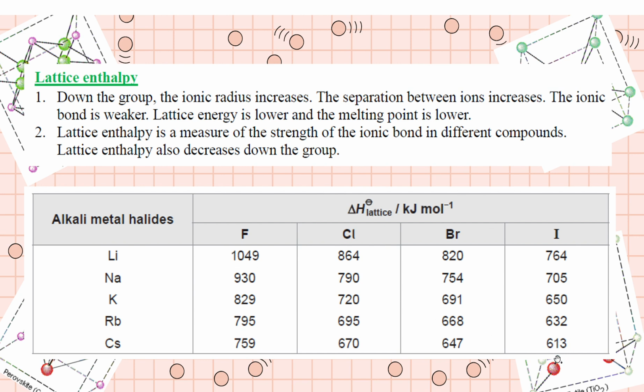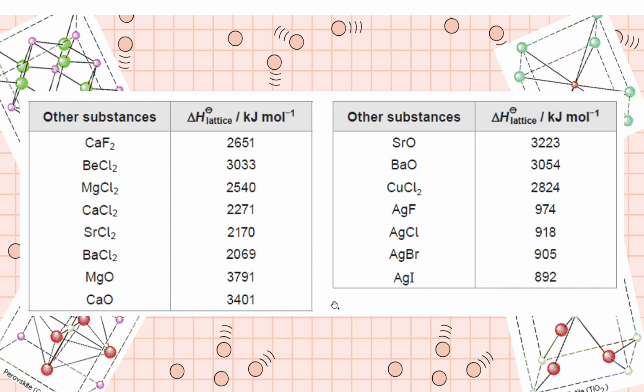On the right-hand side also, when the ions get bigger, the lattice enthalpy is lowest for the biggest one. All are +1 and -1. You can see from the periodic table. Also compare the silver compounds: silver fluoride, silver chloride, bromide, iodide. The ion size is increasing down the group, so the lattice enthalpy also decreases, but it decreases only a little bit, not that drastically.